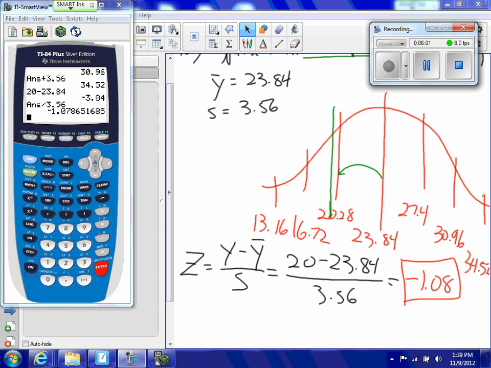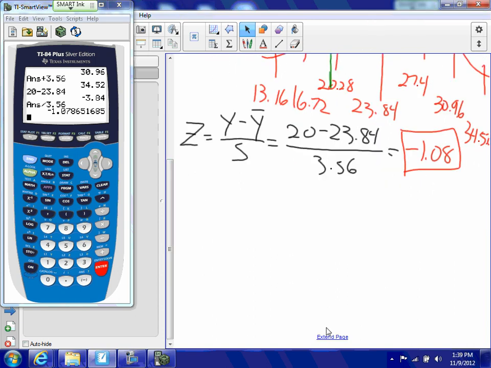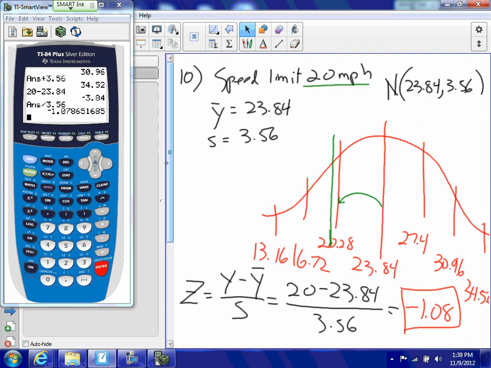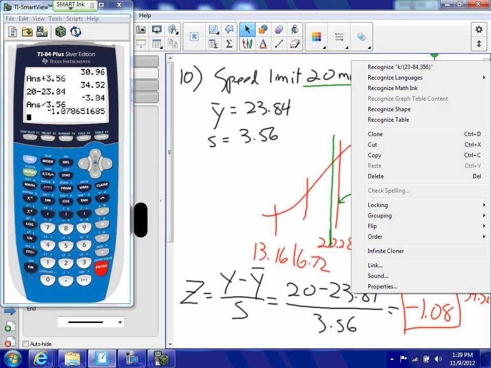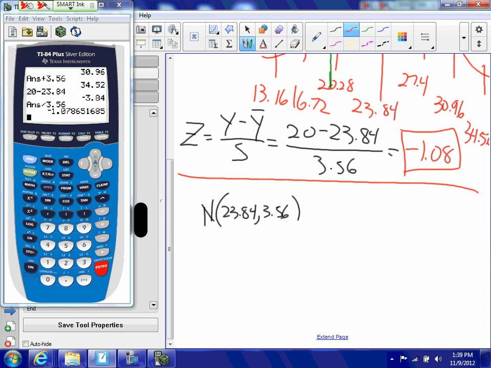And we can measure that using z-scores. Let's copy my N here, bring it down and paste it. Okay, here's my normal model. So those are the numbers that I'm working with. Separate from our last part of the problem.